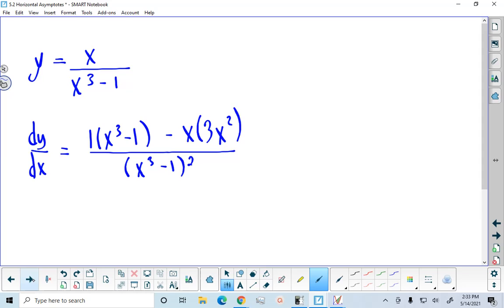I think it's fine. There's nothing to factor out, so we might as well just go ahead and get rid of the brackets. x cubed minus 1 minus 3x cubed.